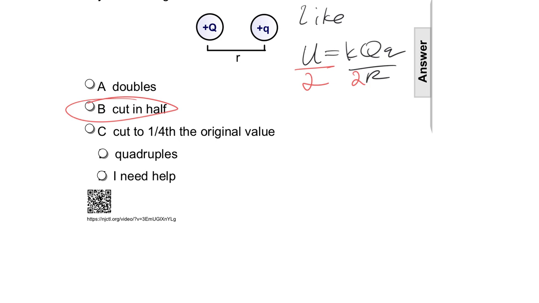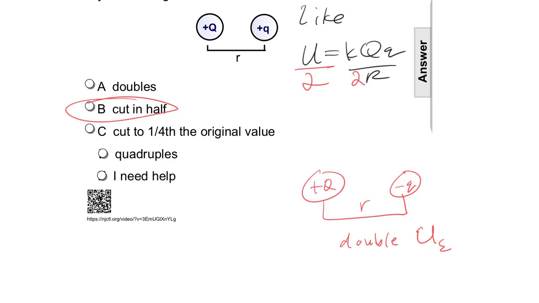Now, if that was unlike charges, let's say this is plus Q, and this is negative Q. That's R, the distance between them. If I doubled the distance, this would double the electrical potential energy.